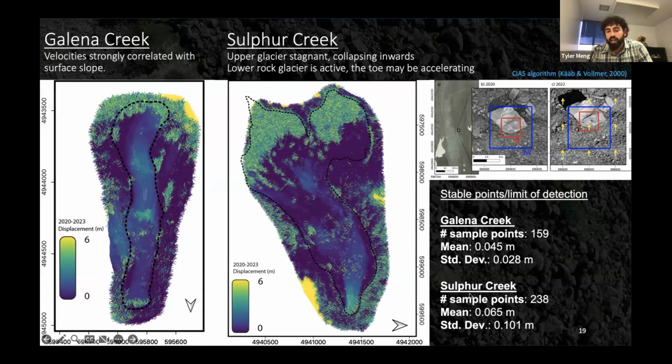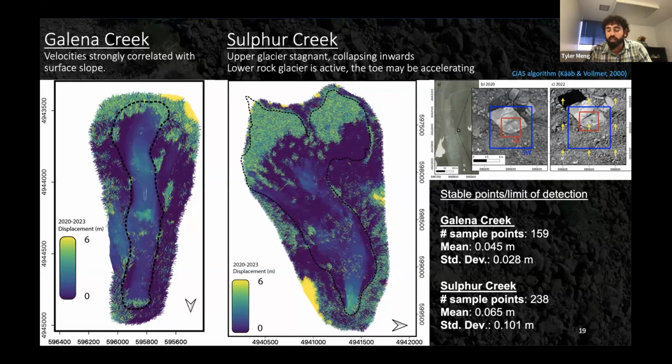And then over here, I just have a few quick numbers showing the overall uncertainty of these displacement values. And the main thing to show is that this mean displacement is on the order of about 5 centimeters. So that's what we're taking as our limit of detection or uncertainty, barring any of these noisy pixels, which are essentially a result of mismatched reference blocks and search windows, possibly from shadows or trees.